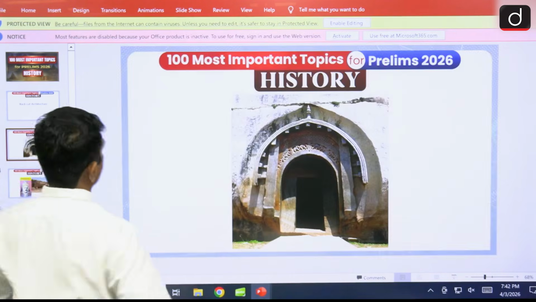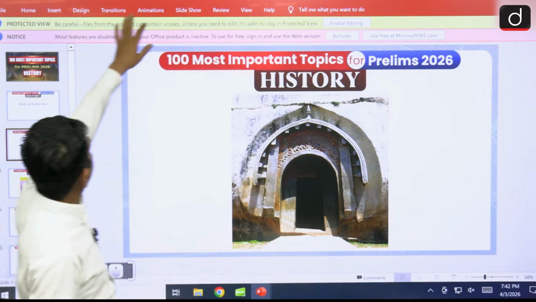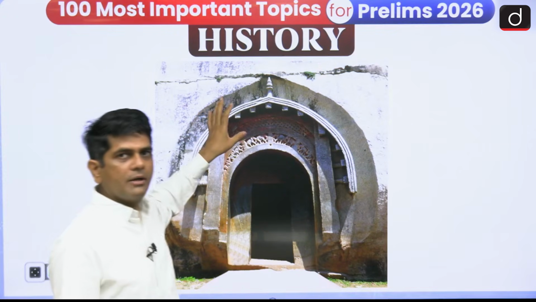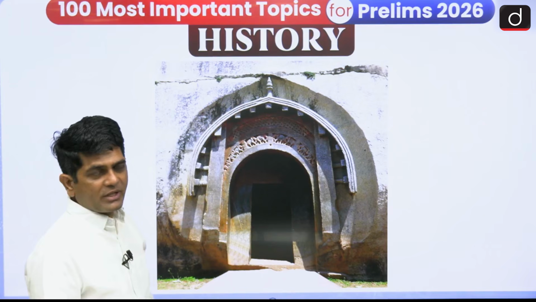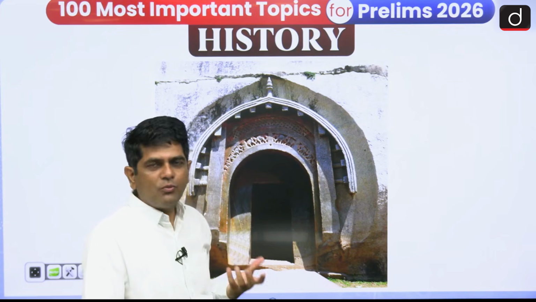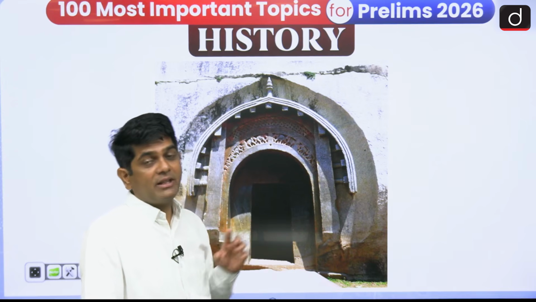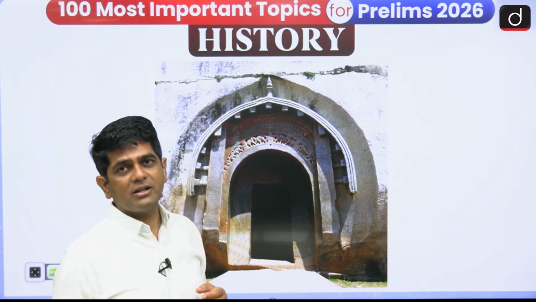See here, we have the gateway entrance of this Lomas Rishi cave. And very much similar to this Lomas Rishi cave, we have one more cave located in Andhra Pradesh, Gunte Pale, but that was built not in the Mauryan period, rather in the post-Mauryan and in the Gupta period.